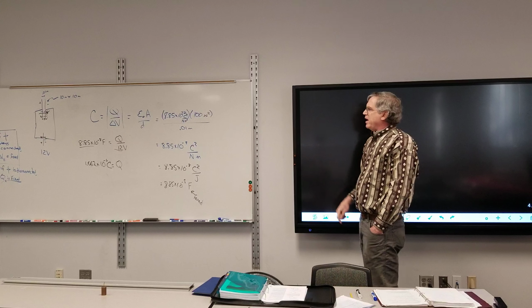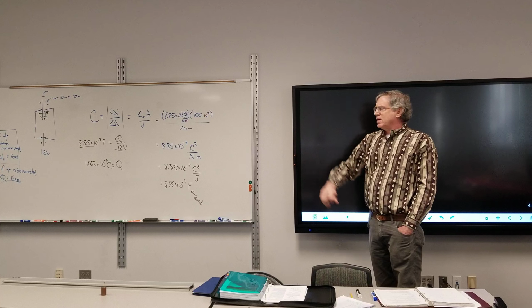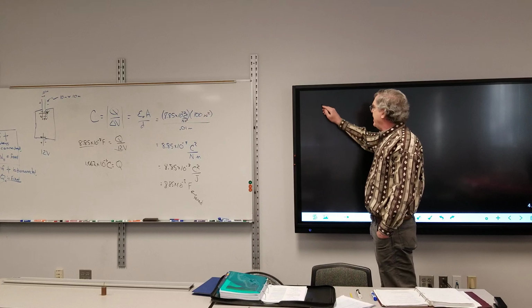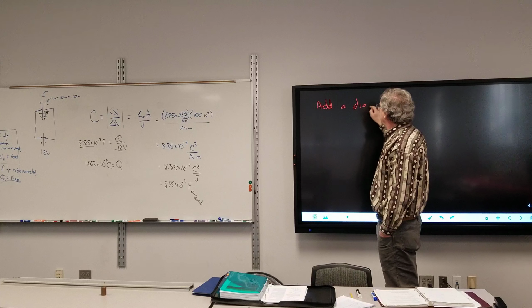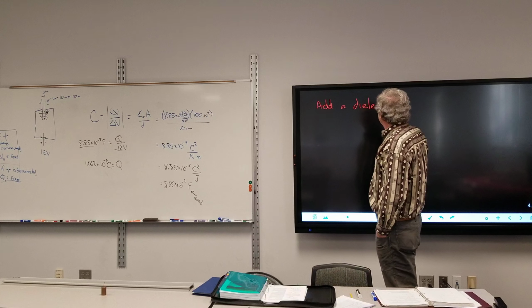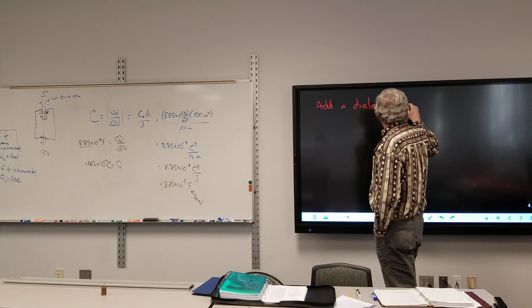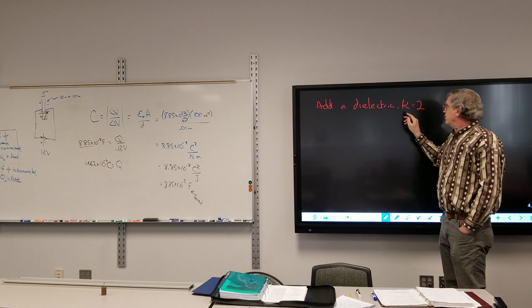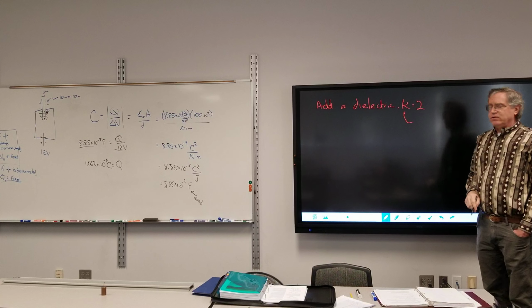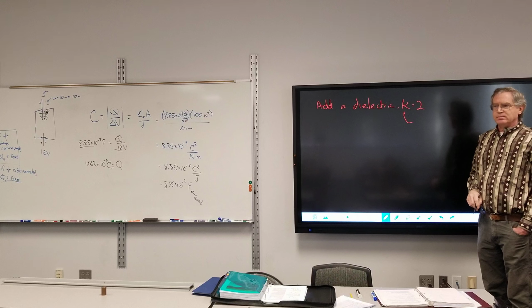So I'm going to take that over there and I'm keeping it connected to the battery, and I'm going to add a dielectric. Now, this right here is known as the dielectric constant.